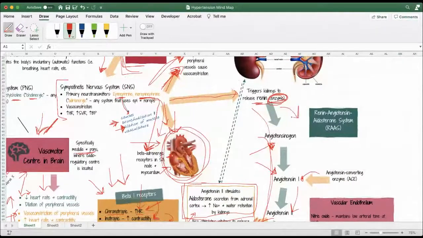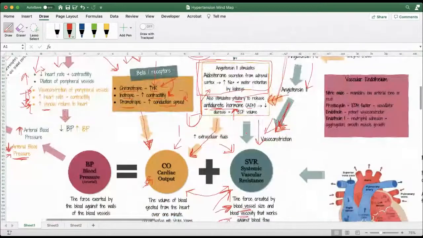Definitely understand this renin, angiotensin, aldosterone system, and how it's going to affect the cardiac output and systemic vascular resistance, because those are really the things that ultimately affect overall the blood pressure, right?